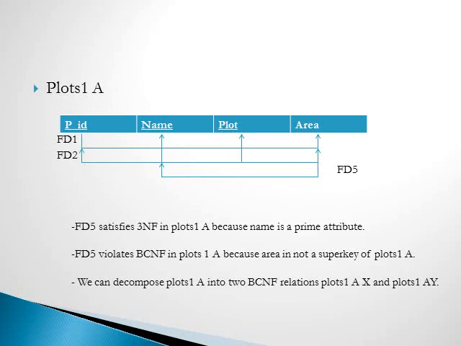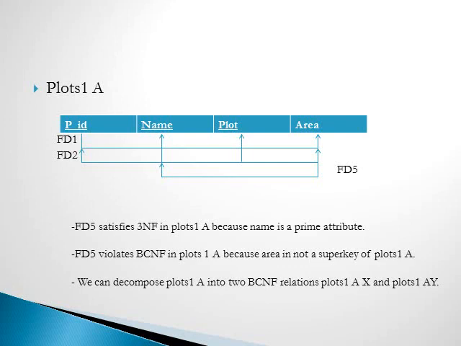Now we will check whether this relation is in 3NF or not. Look, first we check FD1, in which PID, name and plot are candidate keys, and name, plot, area are dependent on the primary key. So this is okay. Now FD2, which is also okay because PID and area are dependent on name and plot.